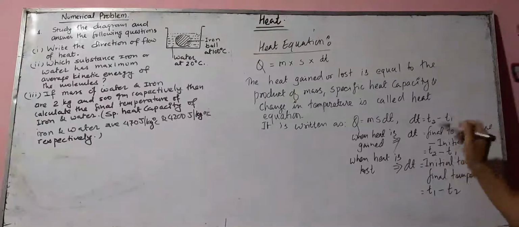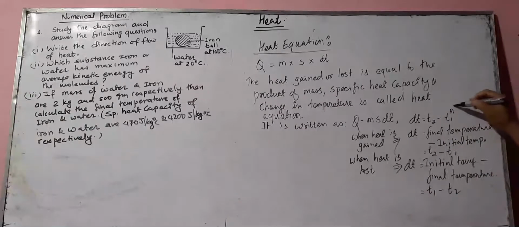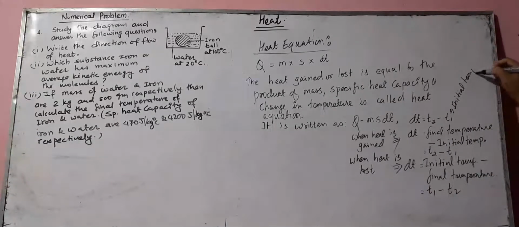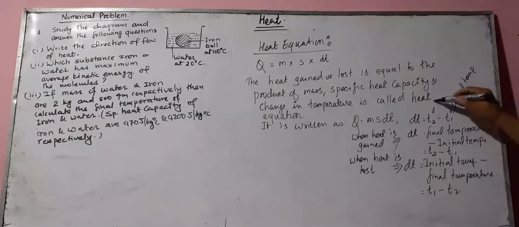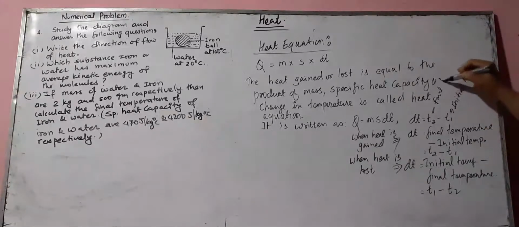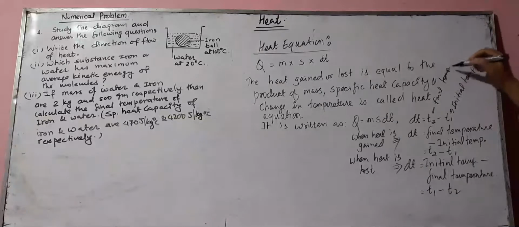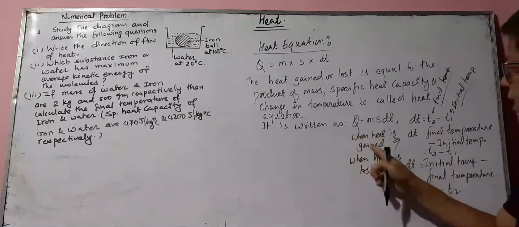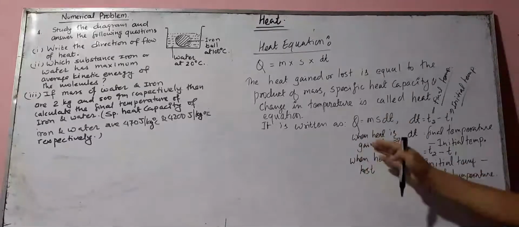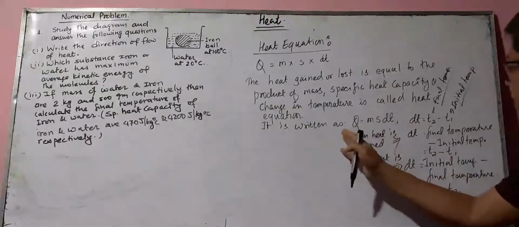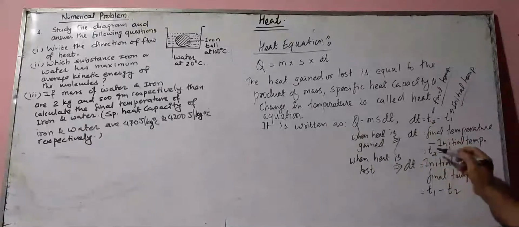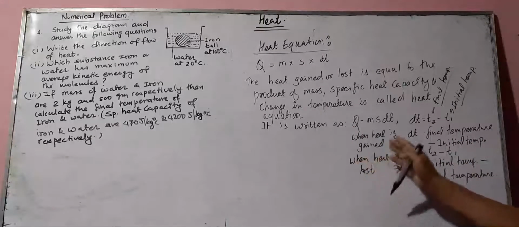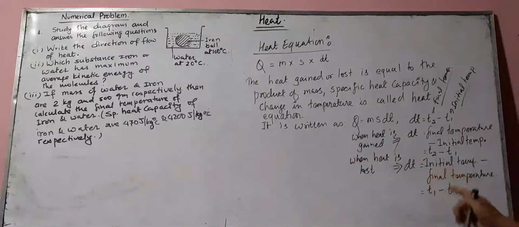Okay, so this T1 is the initial temperature, T2 the final temperature. Remember this. So when heat is gained, in case of cold body, T2 minus T1. In case of hot body, T1 minus T2.